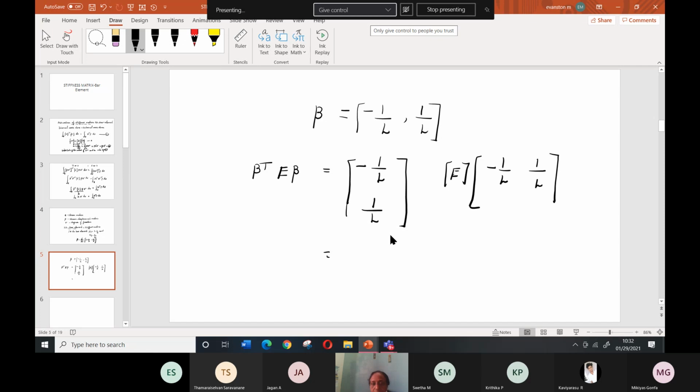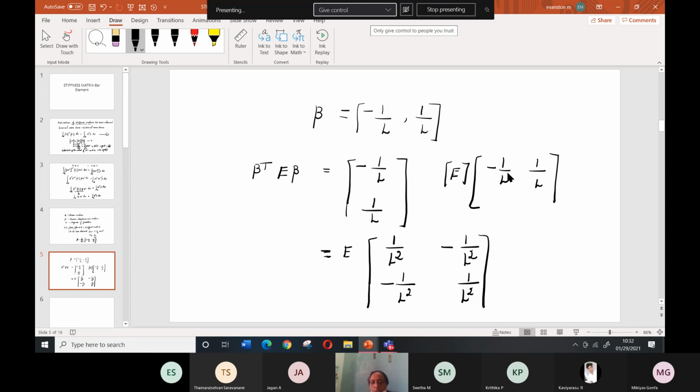So can you multiply and tell me? I can take E outside. What will I get? Multiplying the first row, first column, that is 1 by L square. Then first row, second column, that is minus 1 by L square. Am I correct?